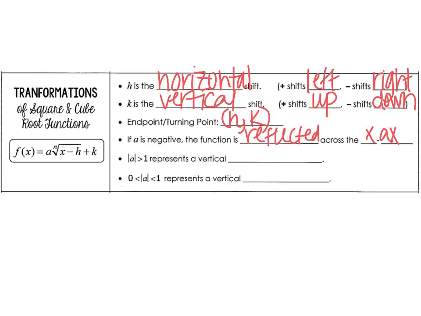So the sign of our a tells us if it's reflected across the x-axis or if it's just like our parent function. If the absolute value of a is greater than 1, this represents a vertical stretch. If the absolute value of a is between 0 and 1, so if it's a fraction, this represents a vertical compression.